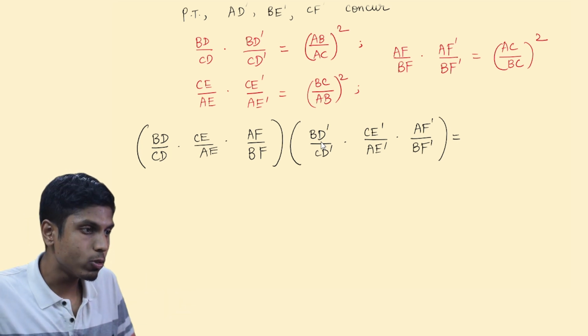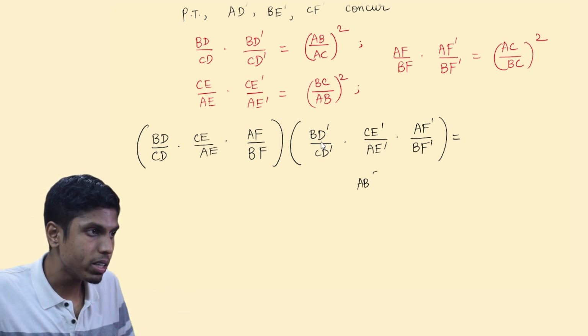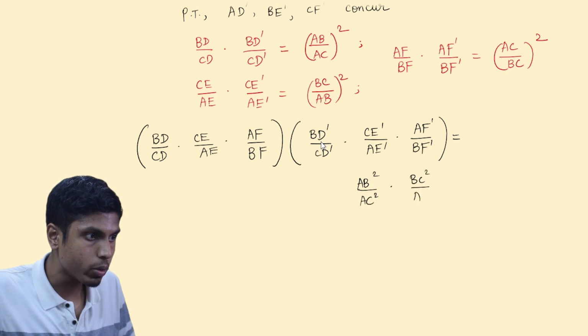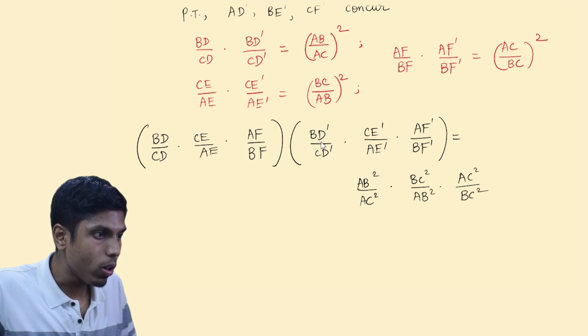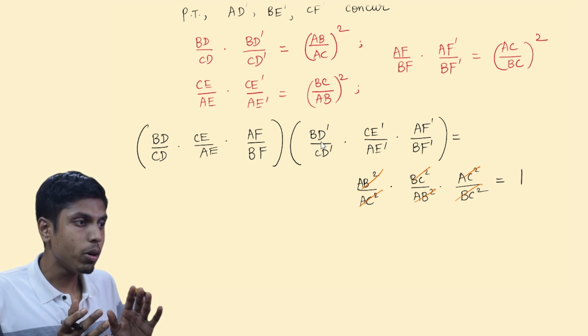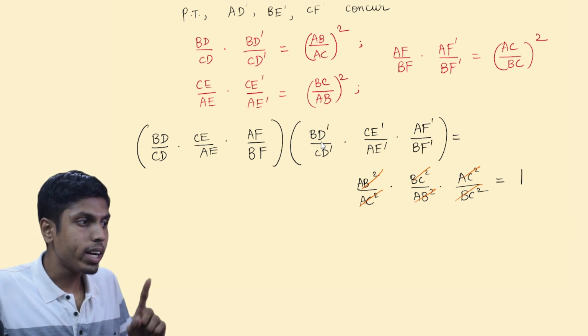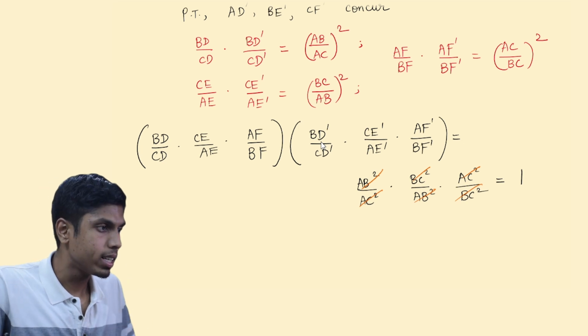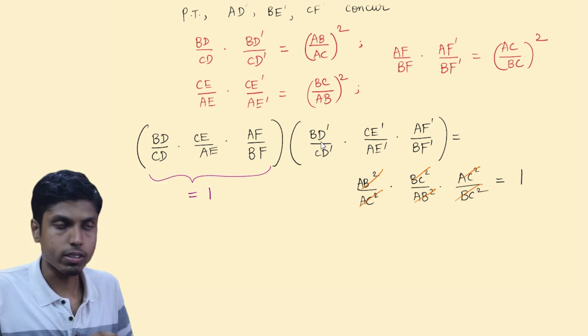This is so elegant to see: you get AB squared by AC squared times BC squared by AB squared times AC squared by BC squared. And all these terms cancel with each other and it results in 1. And let's think about the LHS ones. We deliberately constructed those cevians through the point R. So hence, this value must be 1 by Ceva's theorem, isn't it?